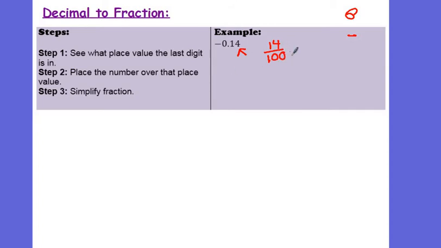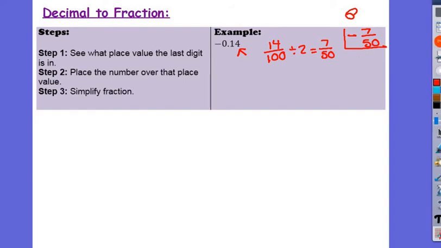And now we need to simplify the fraction. They're both even, so I could at least divide by 2. That gives me 7 over 50. 7 is a prime number, so that means this is simplified. So my answer would be -7 over 50 is the equivalent of -0.14.